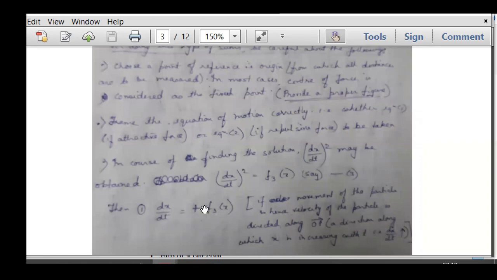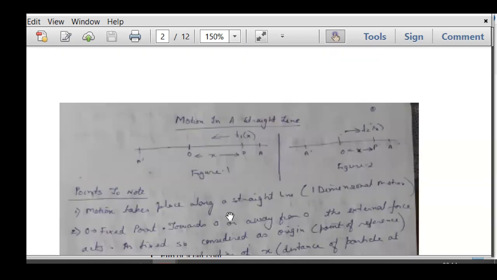Now it depends on the problem whether the particle is moving in such a way that, suppose in this figure, let us consider figure 1 only, an external force, suppose the ball was kept here and you just pushed it in this direction. As you push it in this direction, it will move in this direction. So the velocity of the particle due to this push is in this direction, in the direction opposite to Ox.